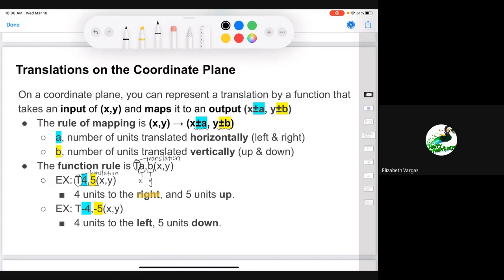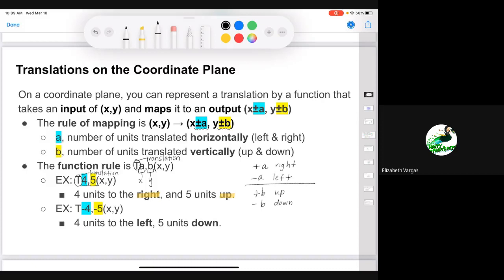Remember that B tells me what happens to my y, so that means I'm moving 5 units up. Whenever I have a positive A, I am moving to the right. Whenever I have a negative A, I move to the left. Whenever I have a positive B, I am moving up. And whenever I have a negative B, I am moving down.